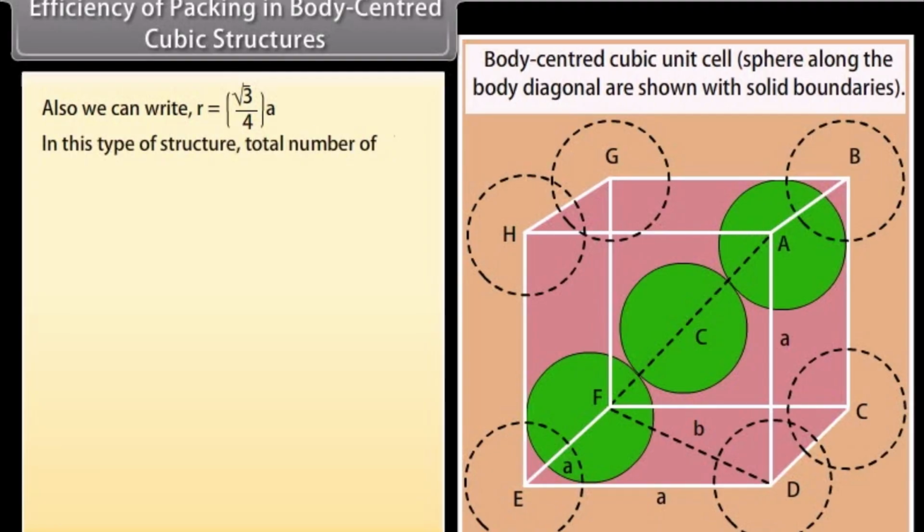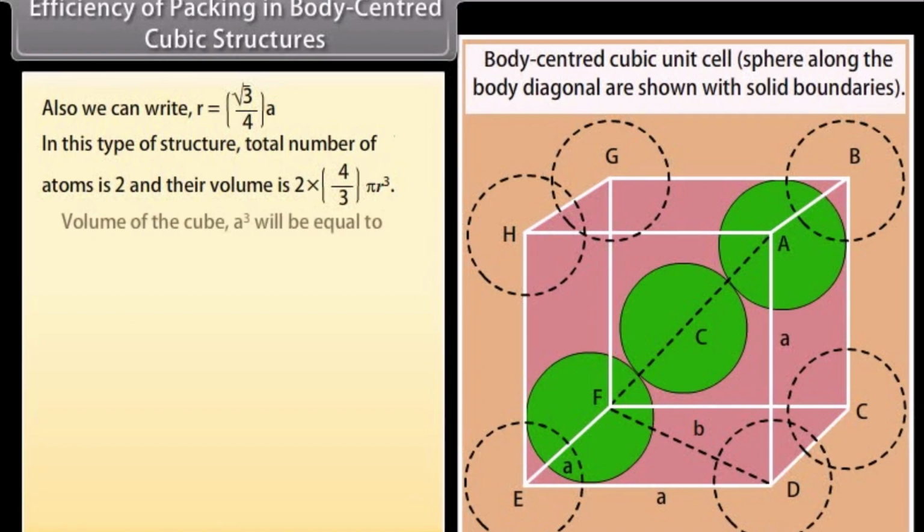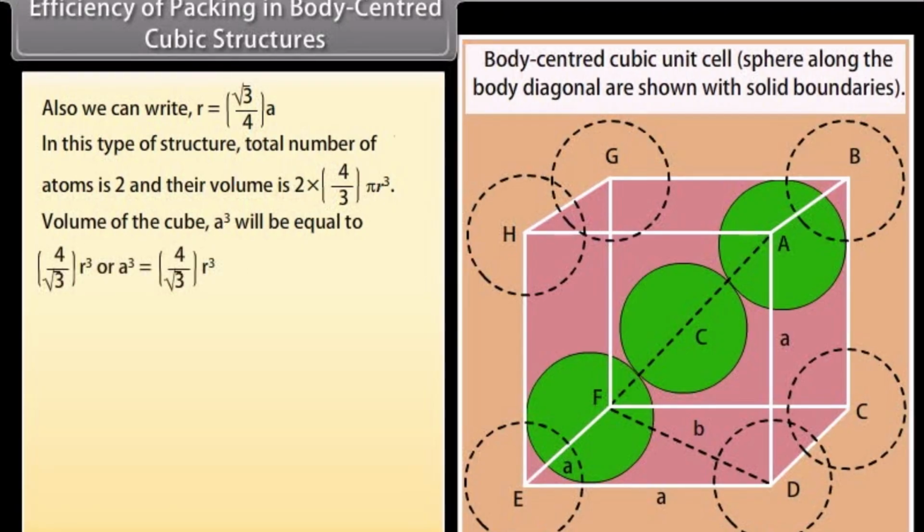In this type of structure, the total number of atoms is 2 and their volume is 2 into 4/3 πr cube. Volume of the cube, a cube, will be equal to (4 upon square root 3 r) cube.